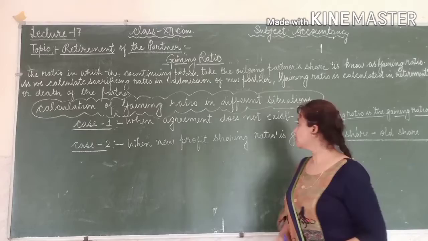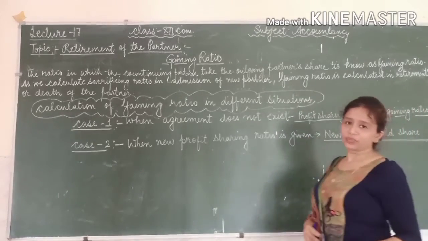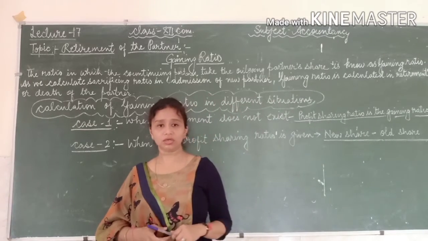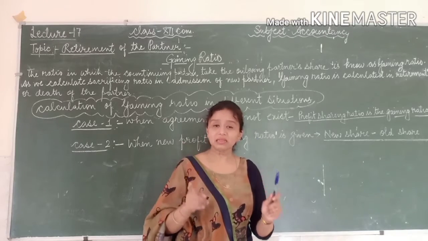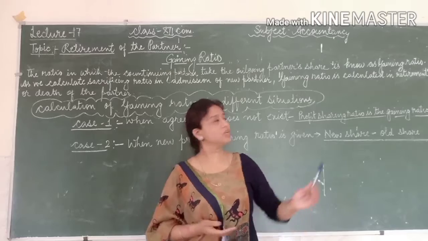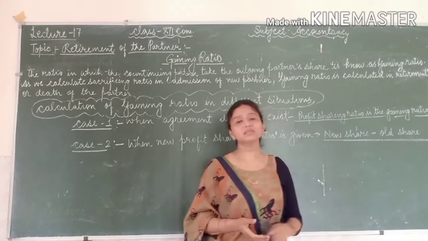In this case, the profit sharing ratio is the gaining ratio. It means the way you calculate the profit sharing ratio in the case of retirement will be the gaining ratio. The profit sharing ratio and the gaining ratio will be the same.